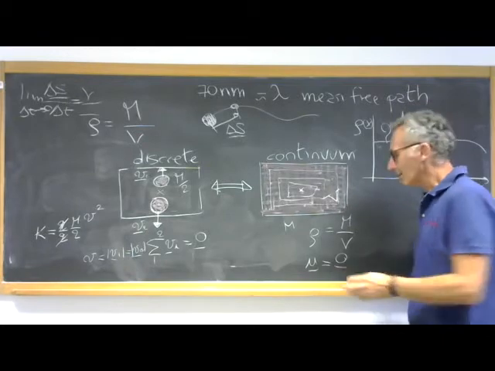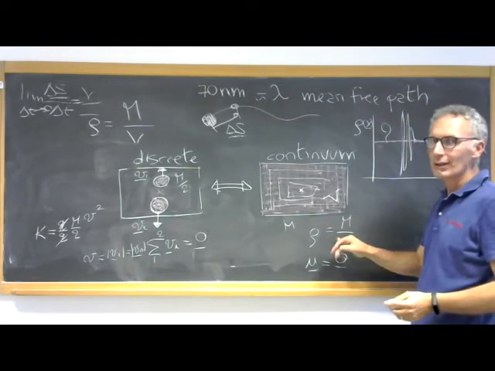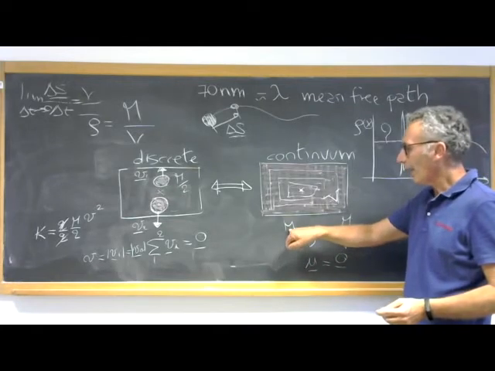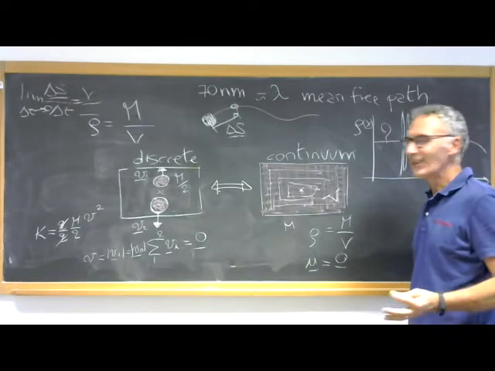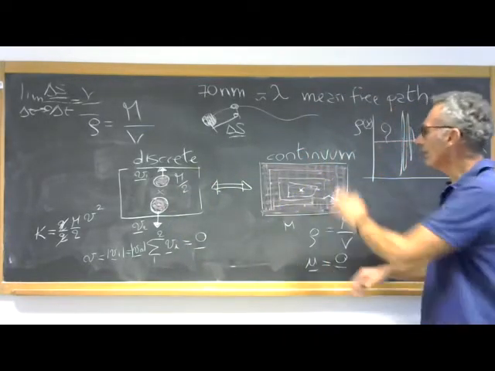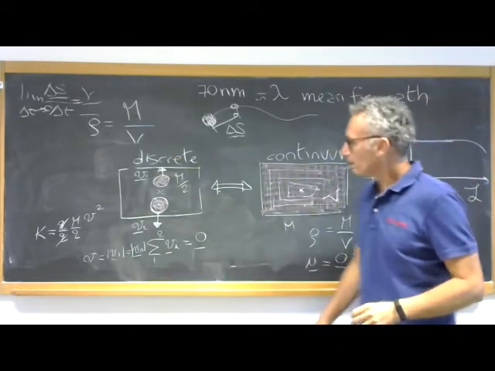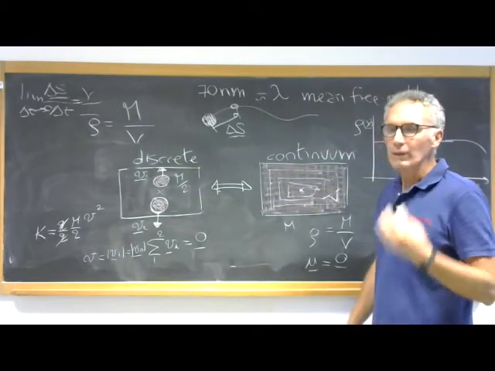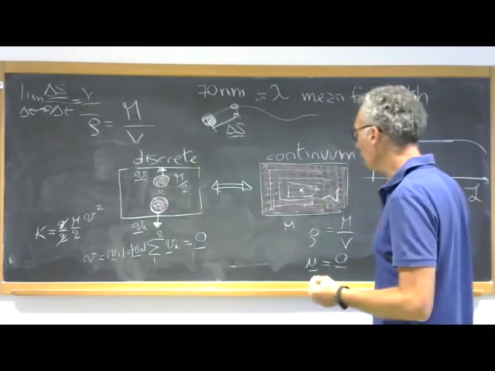And now I'm dead, because the kinetic energy here is 0 by definition. 1/2 m u squared, but u is 0. Then how do I maintain the equivalence between this continuum system and the discrete system? Well, what I have to do is to invent, is to create new quantities.